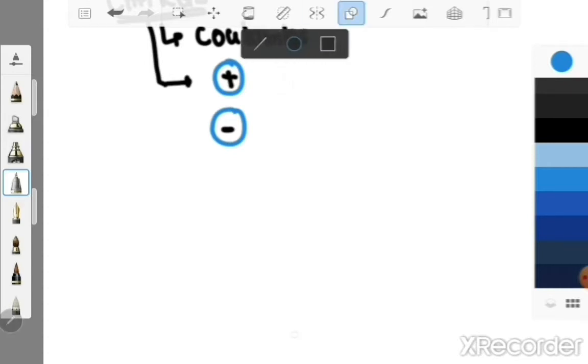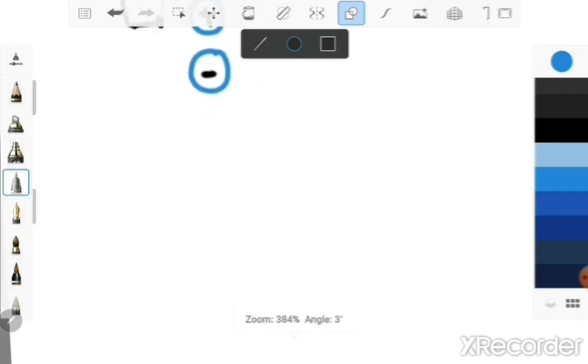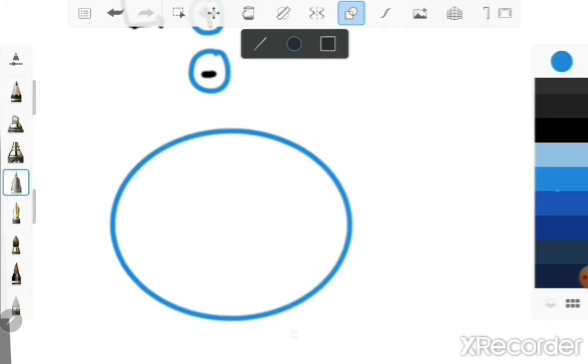So typically, the Bohr model is what you see in physics. So we have our Bohr model. Let's say this is your atom. This is your nucleus, and it has an orbit.